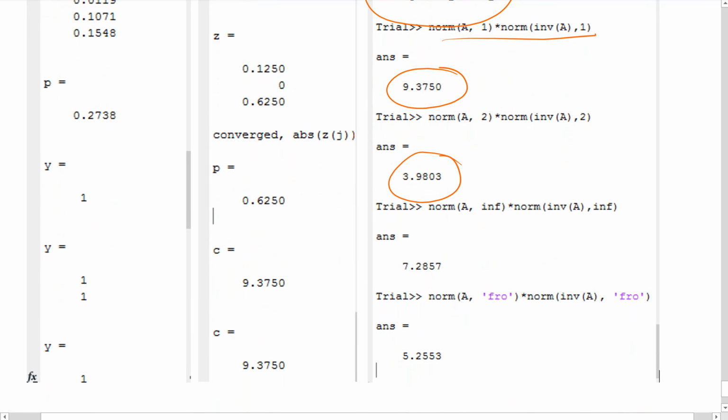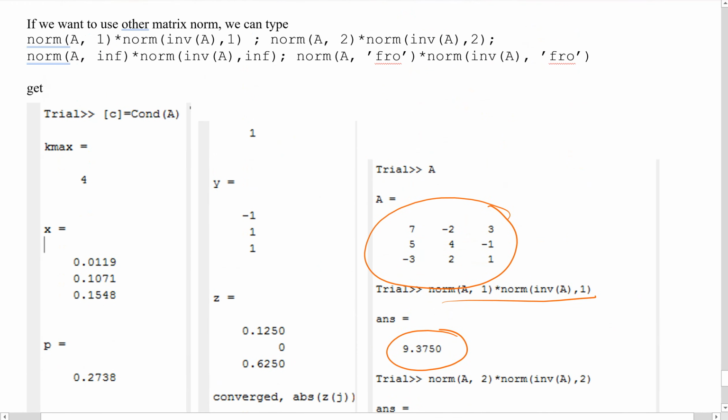If we use infinity norm to compute, it's 7.2857, and if we use Euclidean norm to compute, it's 5.2553.